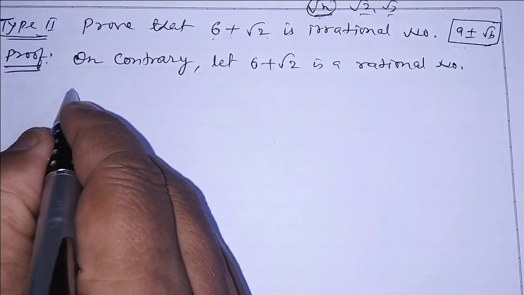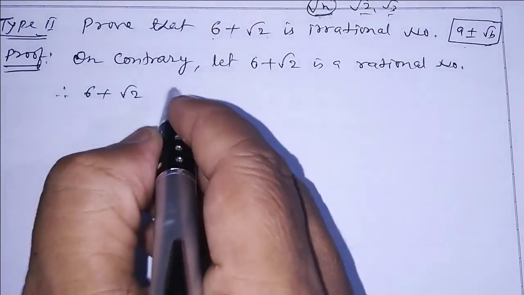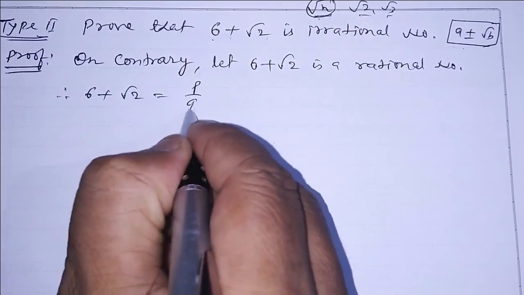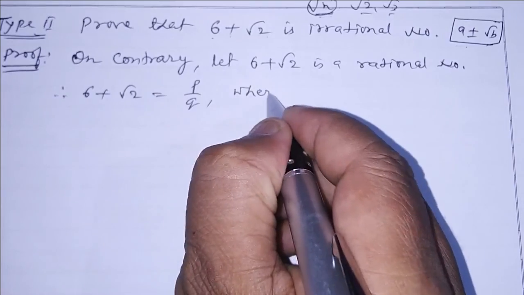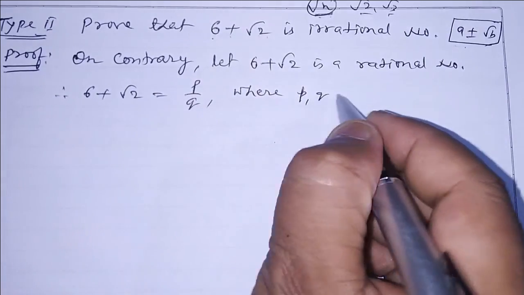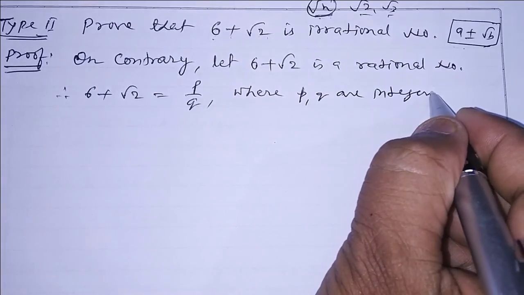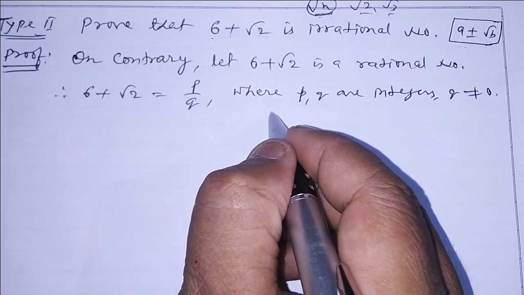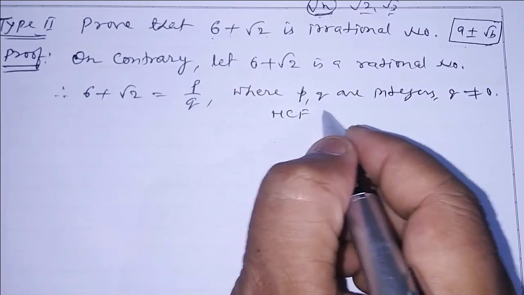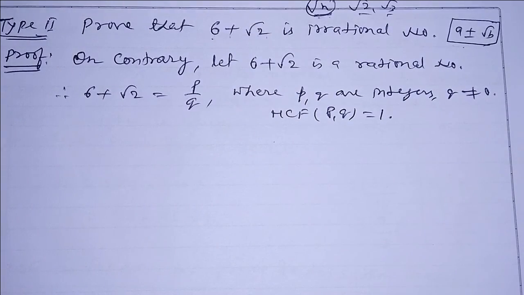So we can write 6 plus root 2 is equal to p by q, where p and q are integers and q is not equal to 0, and also we suppose HCF of p and q is equal to 1.